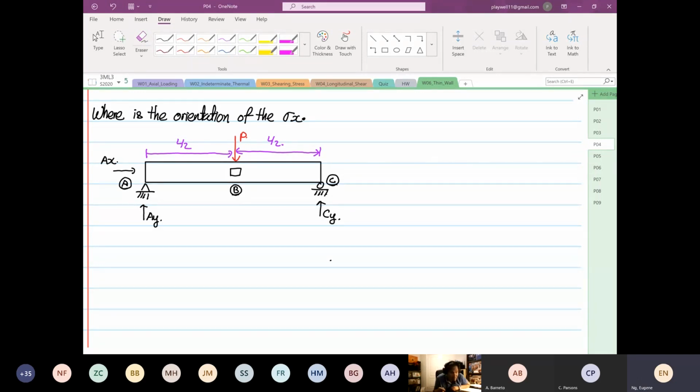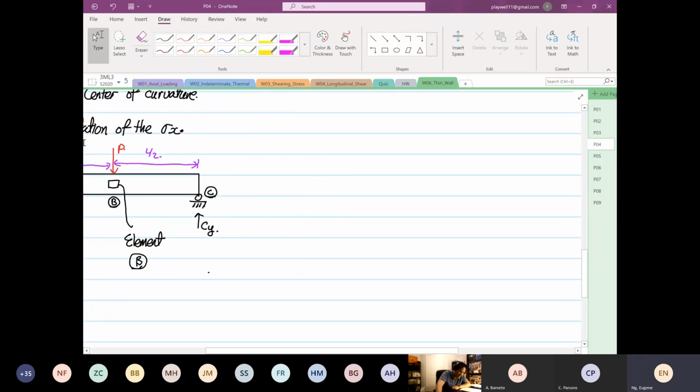Bending moment is greatest at point B. So I call this element at B. I'm going to draw a bigger element now. So this is a big element. This is our element B.